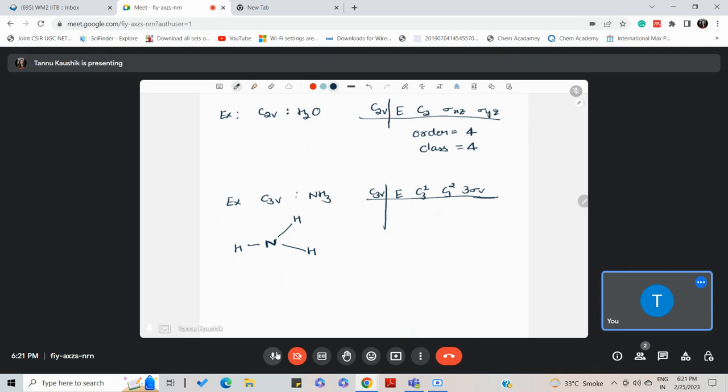I'm representing it like this here. And it will have 3 sigma V, each of them passing through each of the NH bonds.